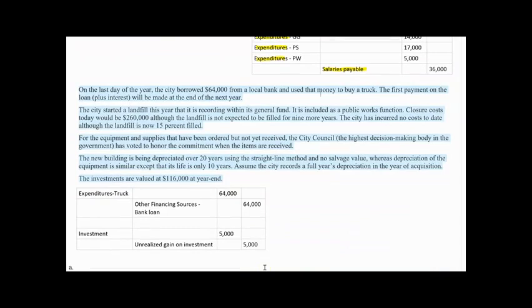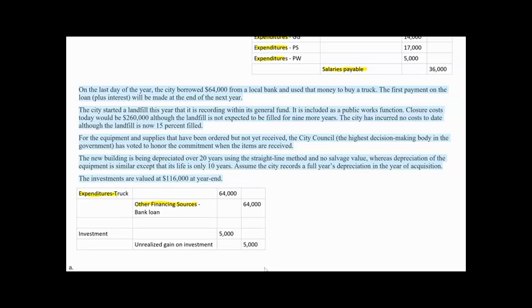Let's move on to the additional information. The first is the purchase of a check with the bank loan. The journal entry is debit expenditure for the check and then credit other financing sources, bank loan. Next one is for the landfill. Because the landfill is a long-term liability, there's no entry required, so we skip that.